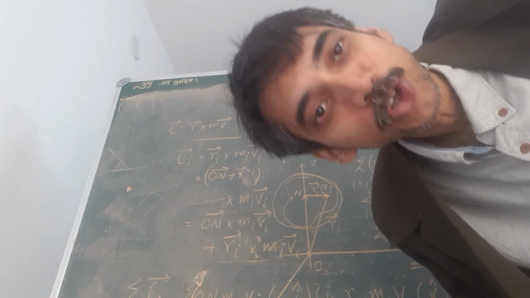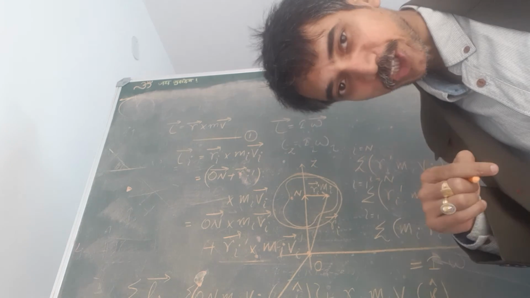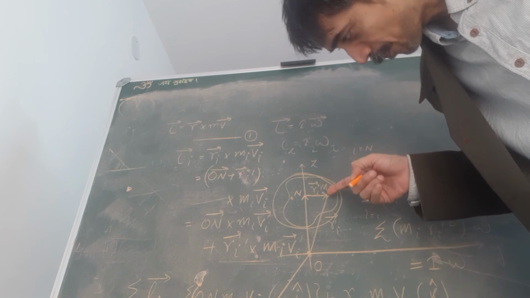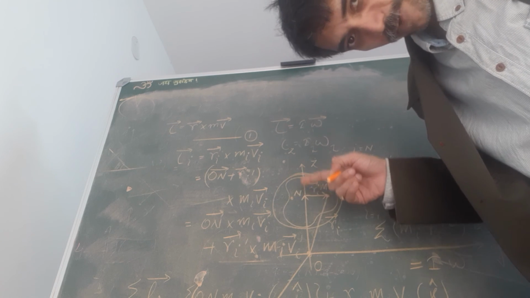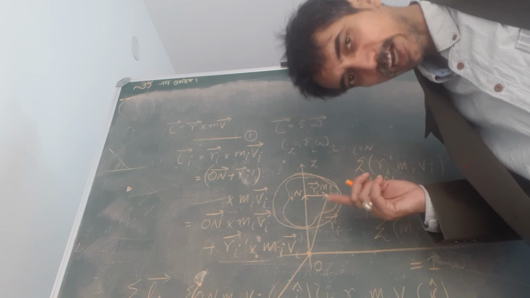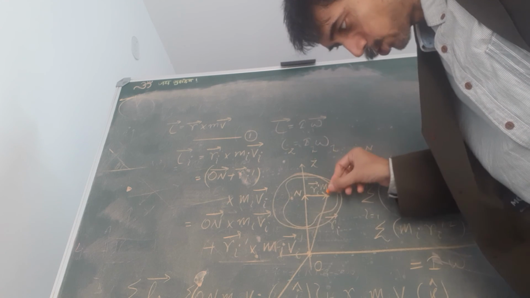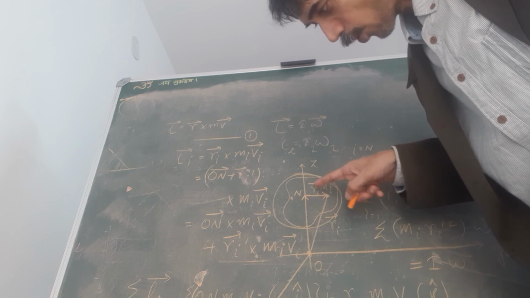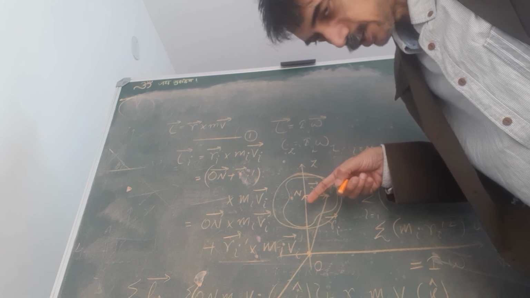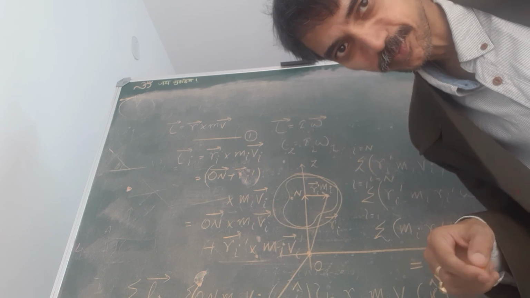If the body is symmetric about the axis of rotation, then for every particle to the right, there's a particle to the left. For every particle at the front, there's a particle at the back. So for every particle, there's a counter particle. If we sum for those pairs, then the summation for all such particles tantamounts to 0, a null vector.